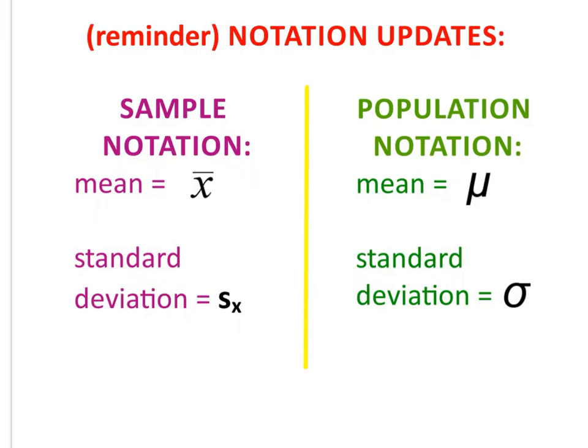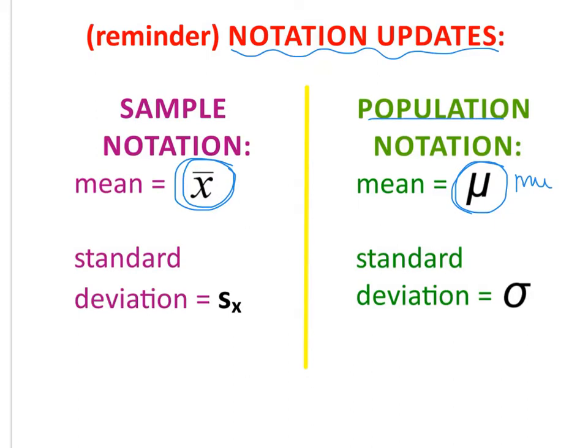Let's begin. Quick reminder about notation. We've talked about this before in the other z-score video, but just some notation updates. The mean can be written as x bar or as mu. So mu is the population notation for mean.